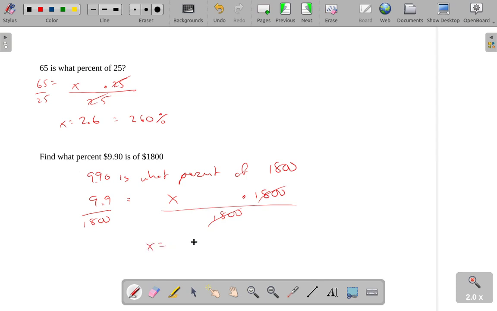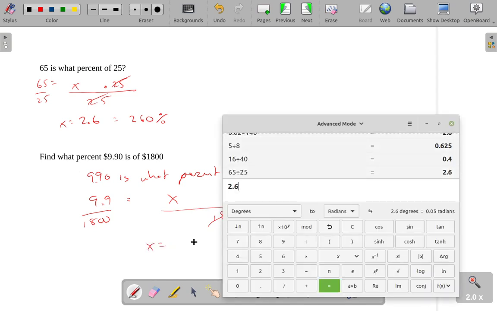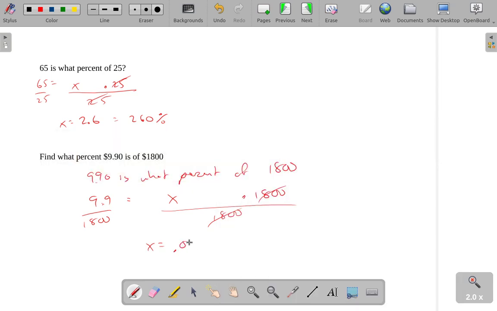We get x equals 9.9 divided by 1800, which gives me 0.0055. If I want to convert this to a percent, I need to move my decimal place 2 places. So I get 0.55 as I introduce my percent symbol. So 0.55%. With percents, it's always 2 places that you're going to be moving. Always, always, always.